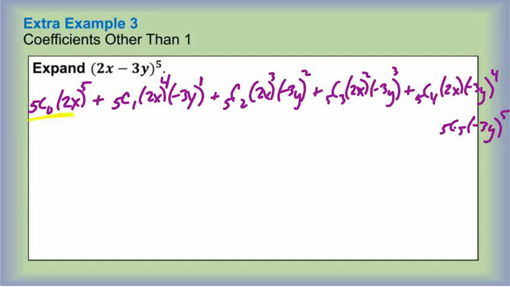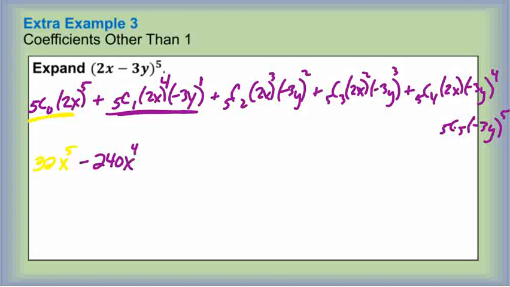Okay, so for this first one, 5 choose 0 is 1. 2 to the 5th is 32. So 32 times 1 is 32 x to the 5th. Next one here, we have 5 choose 1, which will give us 5, times 2 to the 4th power is 80, times negative 3 to the 1st power is times negative 3, gives us negative 240, so minus 240 x to the 4th y.